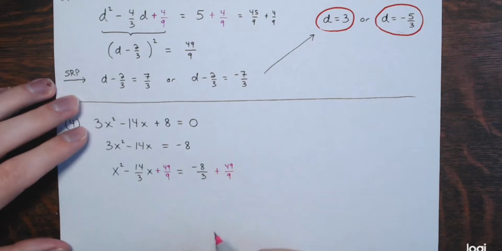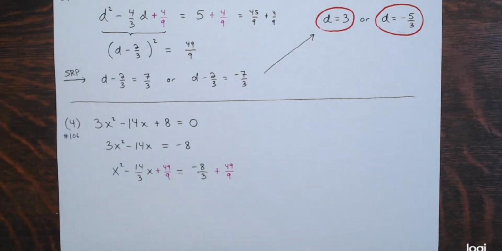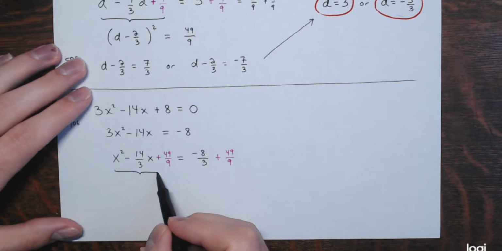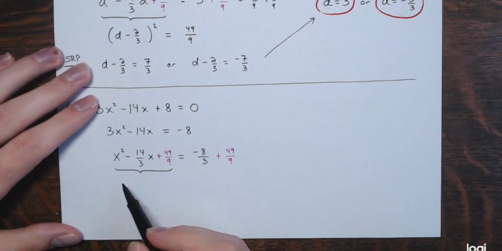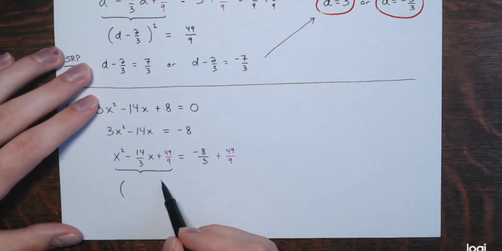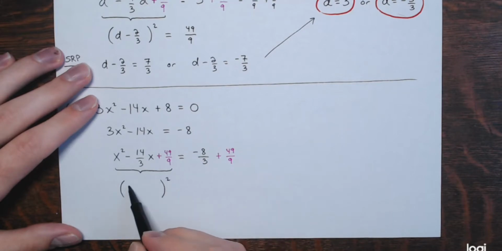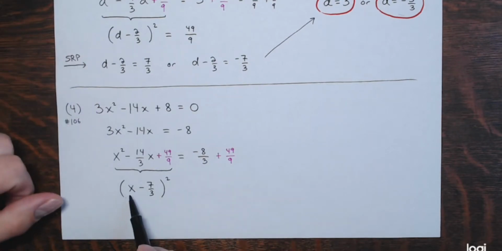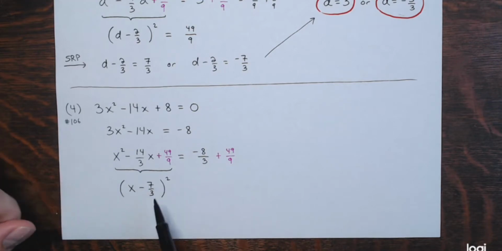Add 49/9. Now the left side is a perfect square trinomial. This can be re-expressed as the quantity x minus 7/3 squared. It's the variable plus whatever half that linear coefficient was, that quantity squared.